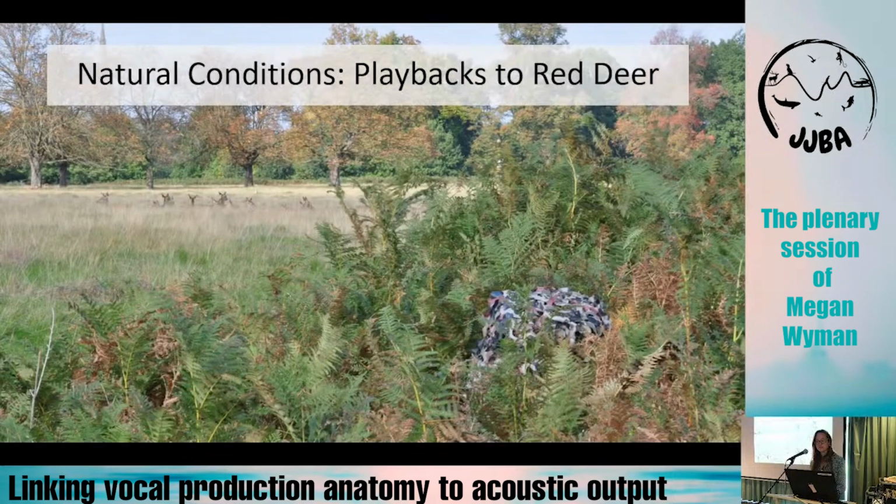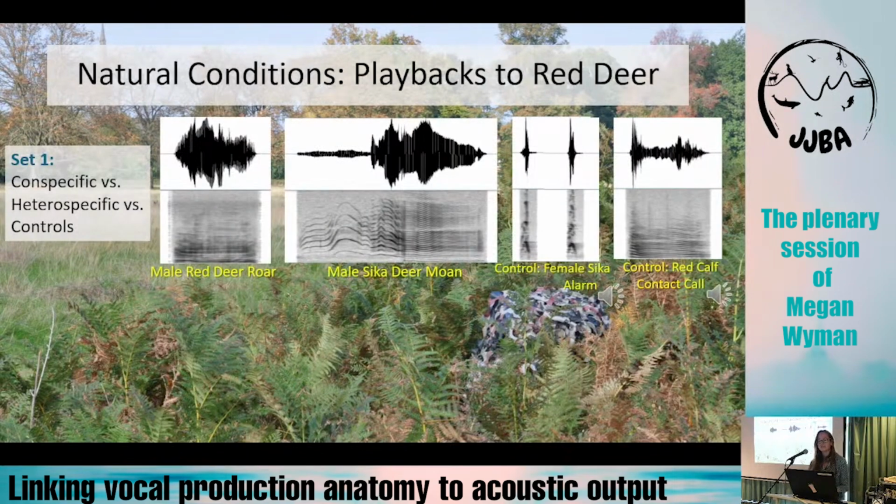So here's the naturalistic conditions. We have our cheekily hid speaker here in the ferns, and then here's the deer. In the first set of experiments, we looked at conspecific versus heterospecific with some controls, the controls being the female sika alarm call and a red deer calf control call.